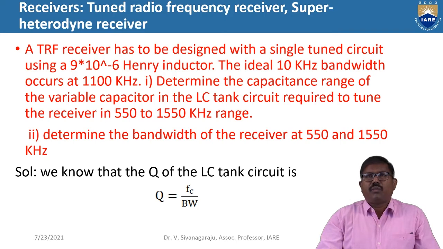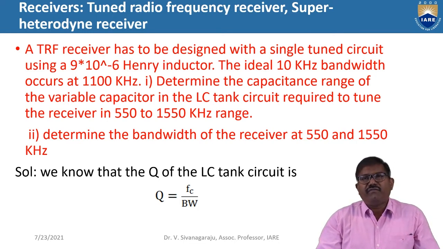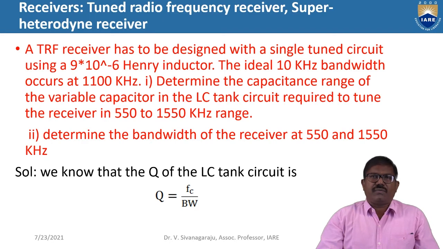So in this problem, we are going to determine the capacitance range of the variable capacitor in the LC tank circuit required to tune the receiver in the 550 to 1550 kHz range.